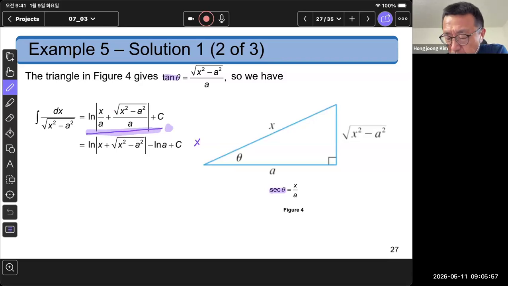Since x was a secant theta, secant theta will be x over a.